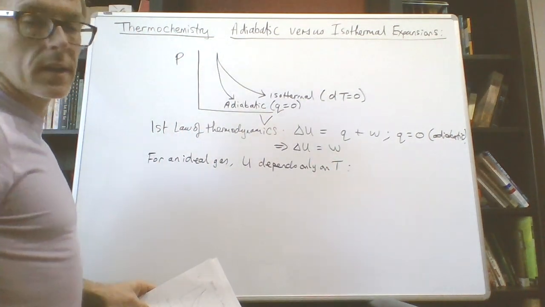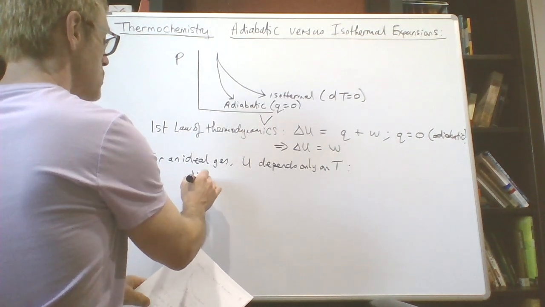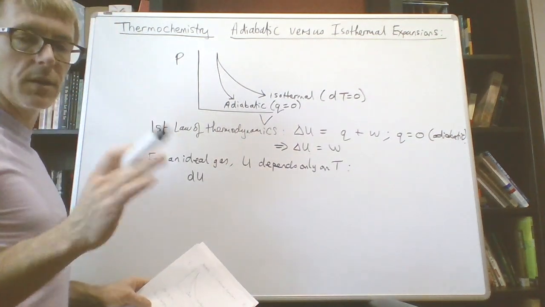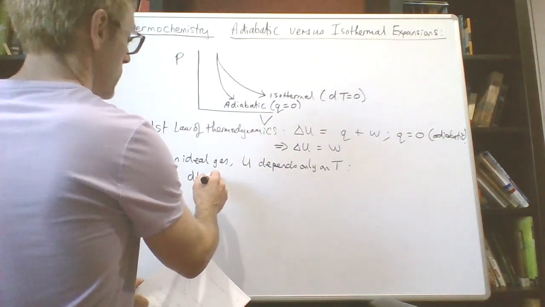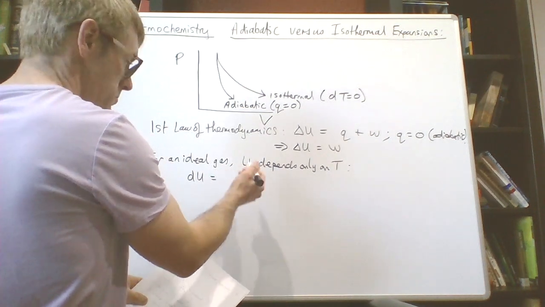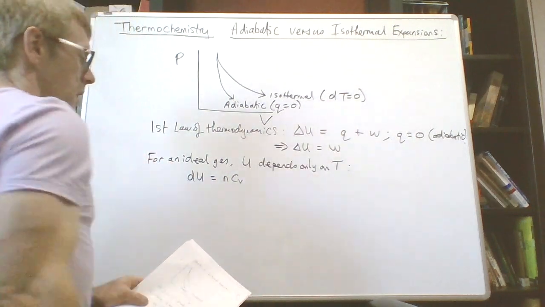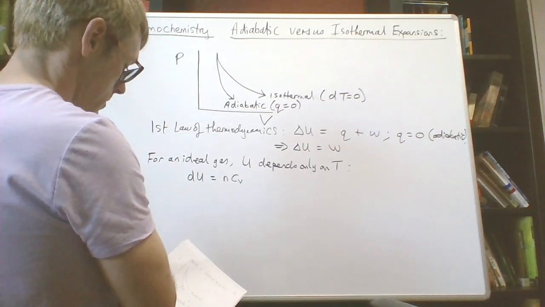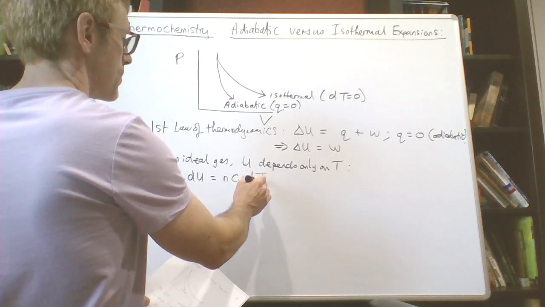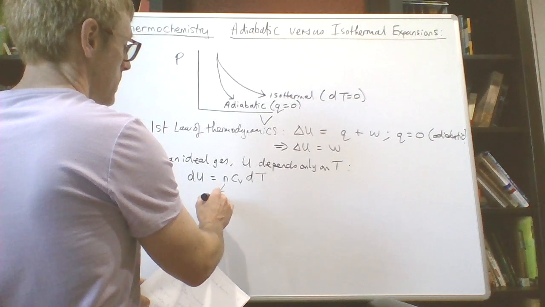So to reiterate an equation we've already looked at, we know that a change in internal energy, and here I'm assuming that the delta and the d can be used interchangeably, is just going to be a quantity, let's say moles, times the constant volume specific heat, times a change in temperature, where n is moles.